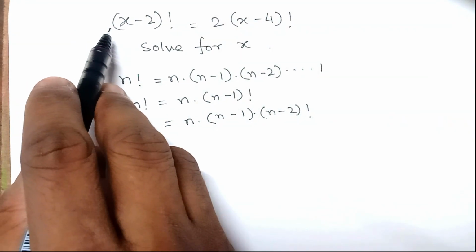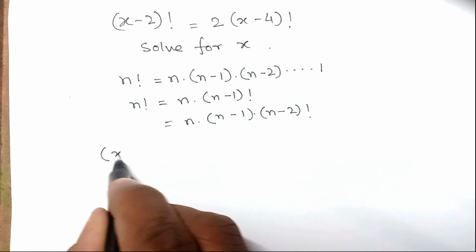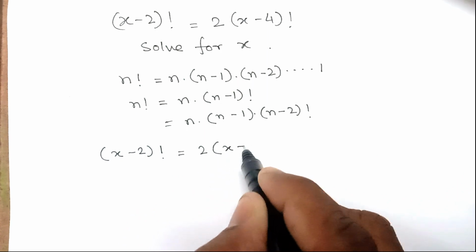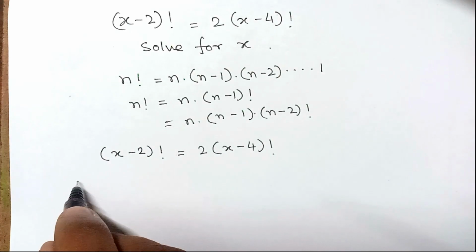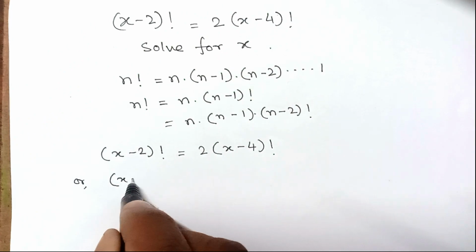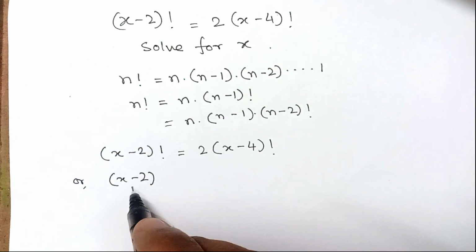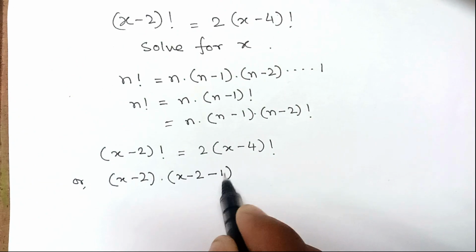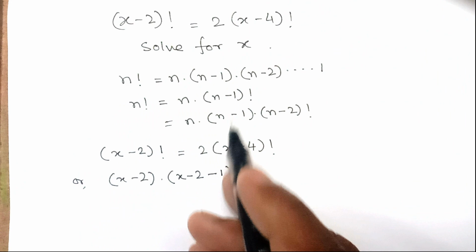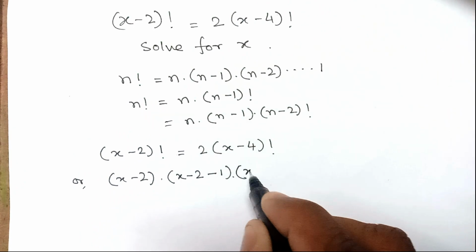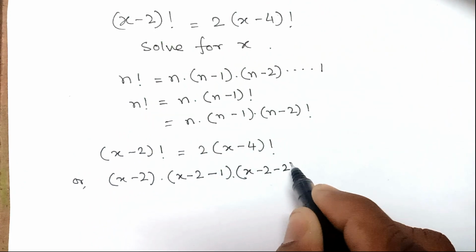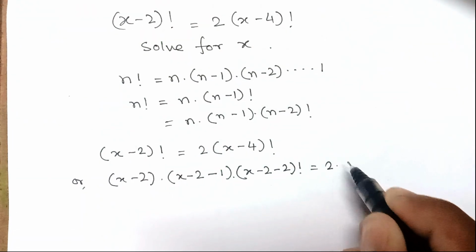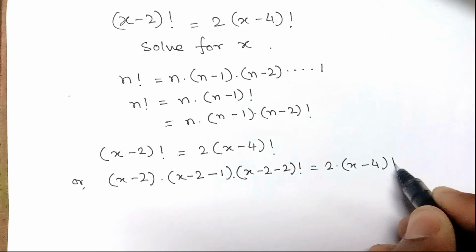Now, from the given equation, we can write (x − 2)! = 2 × (x − 4)!. Or (x − 2)! we can break down as (x − 2) × (x − 2 − 1), just as we did for n!, × (x − 2 − 2)!, which will be equal to 2 × (x − 4)!.